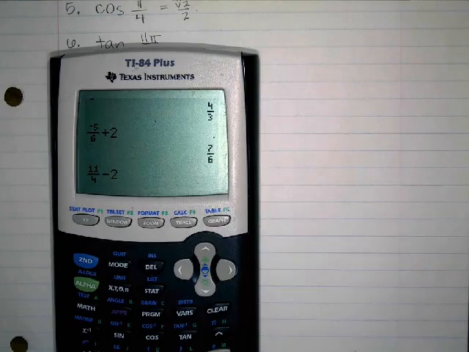How do I know it's too much? 8/4 is 2, and 11/4 is bigger than 2. So that's bigger than the unit circle right now. So we're going to subtract 2. This is the same as 3/4.